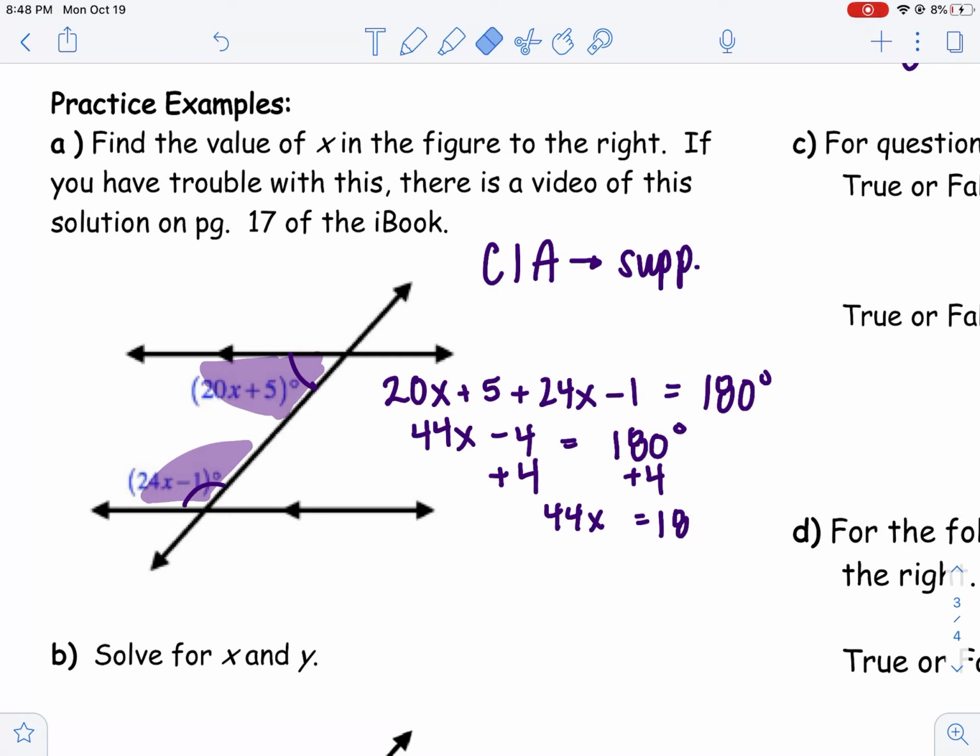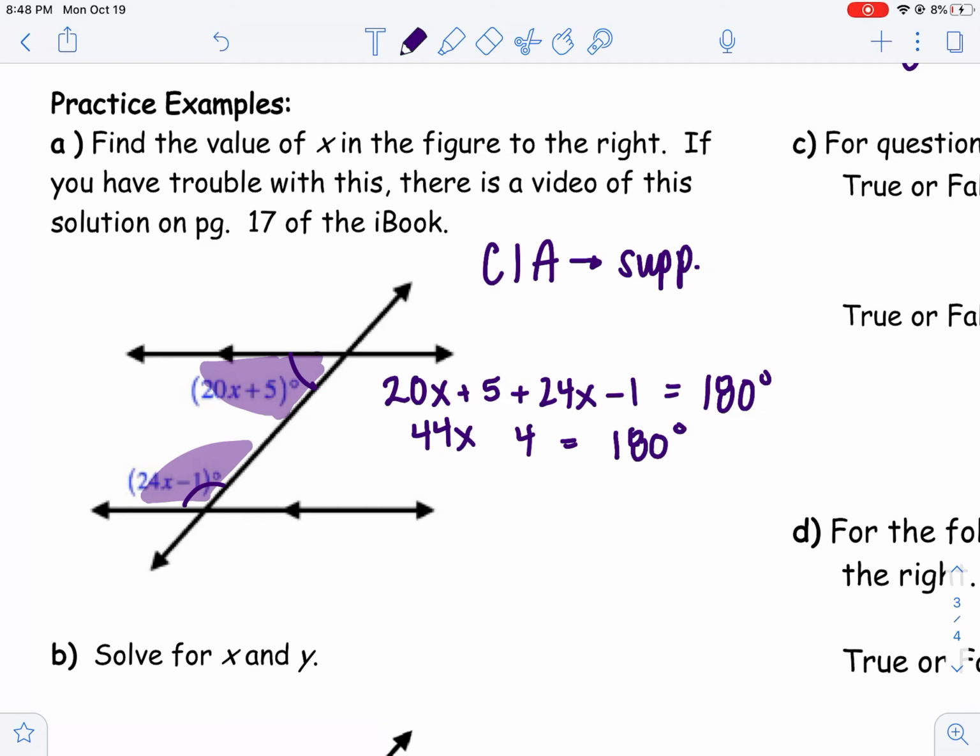Whoops. That should be 184. Apologies. Divide by 44. Ooh, let me check this. 5 minus 1. Oh, guys, oh my gosh, I goofed up.